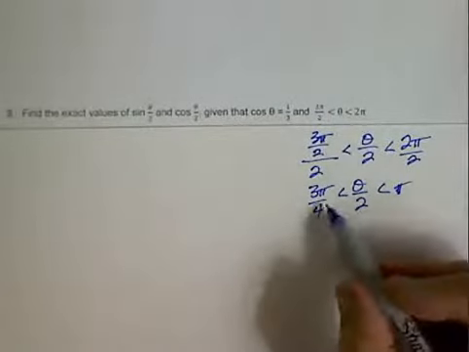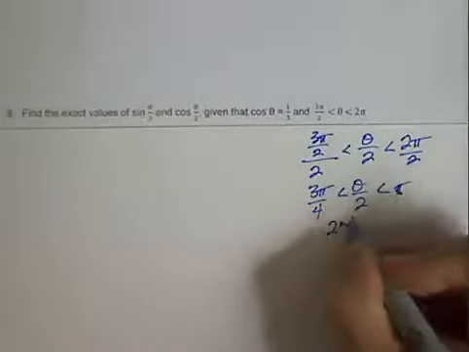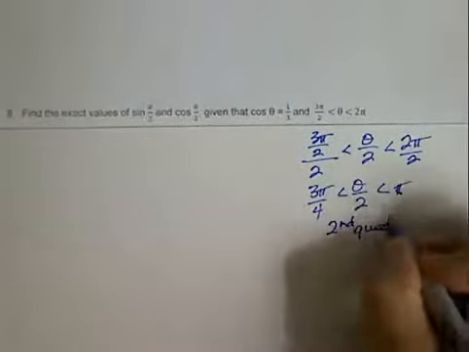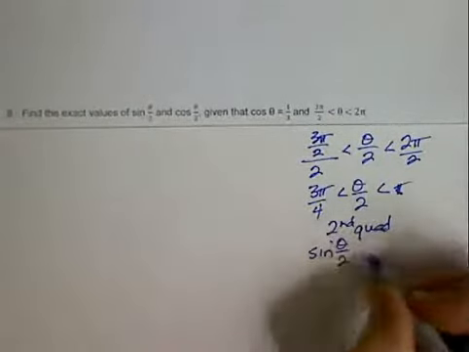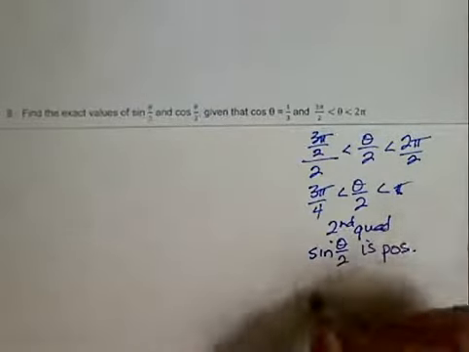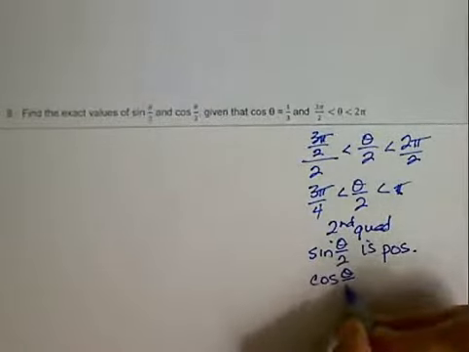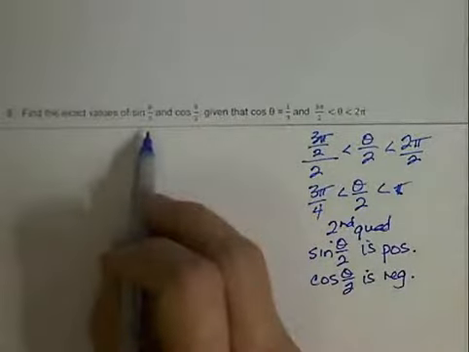If our angle is between 3 pi over 4 and pi, that would be in the second quadrant. That means that sine of theta over 2 is positive, and cosine of theta over 2 is going to be negative. Now we're going to use our half angle identities.